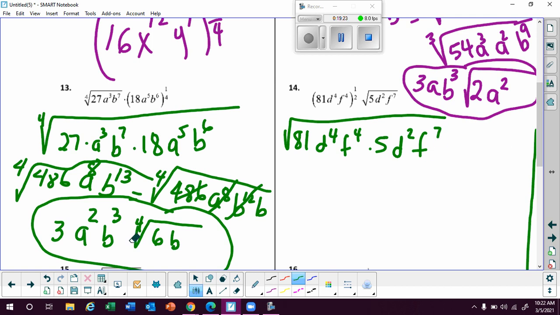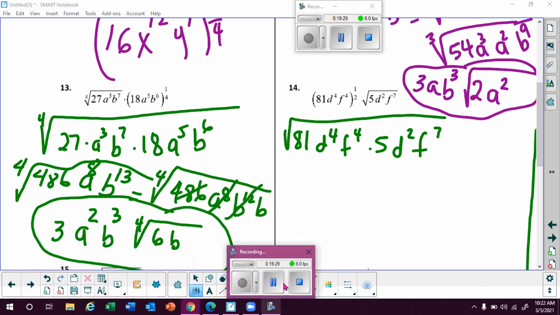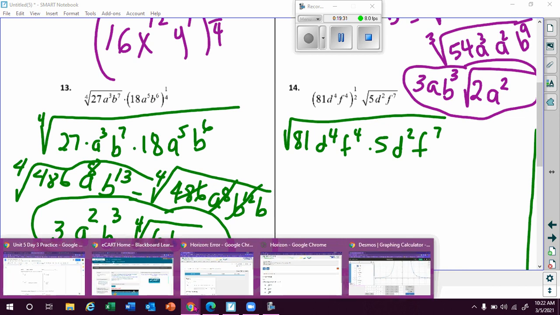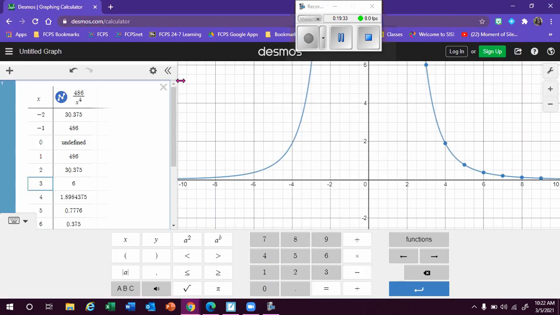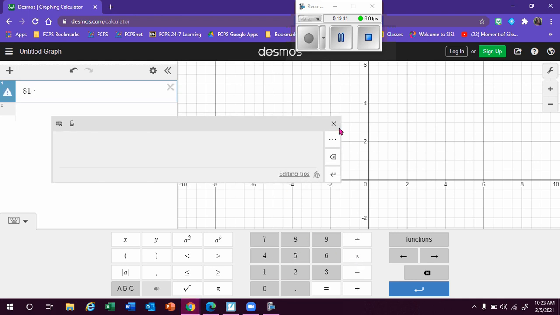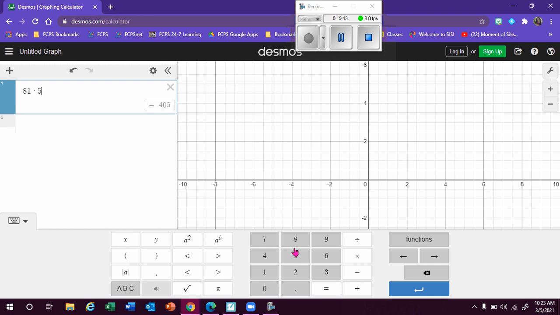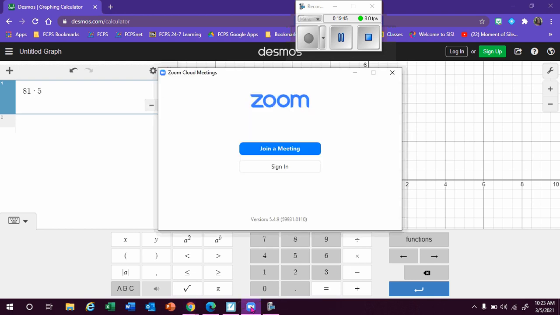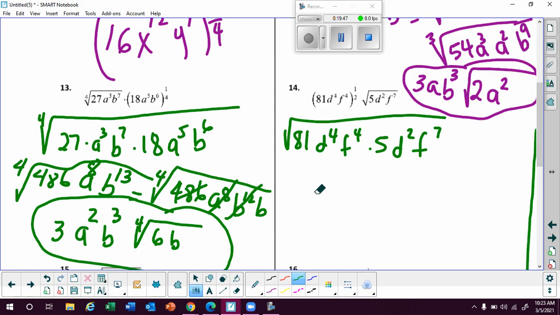So now I have to multiply 81 times 5. Let's go to Desmos. 81 times 5 is 405.